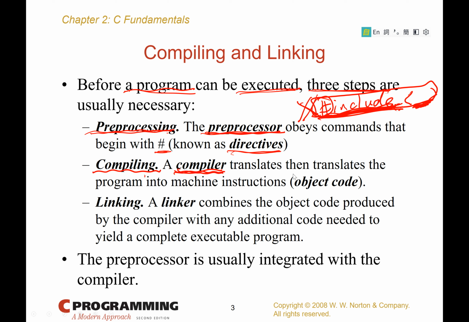And then it translates the program into machine instructions, which is binary code. And there's no way you can understand binary code, unless you find a table of the CPU's machine-level instructions and look up what 0110 represents, then you know what the machine will do.